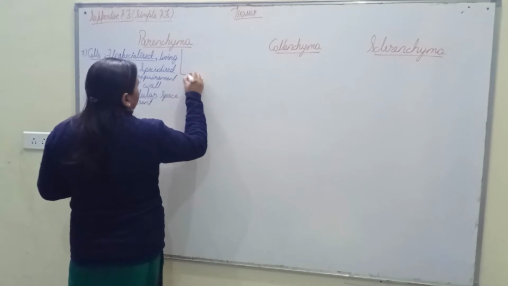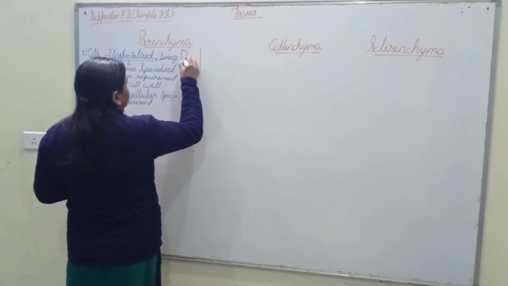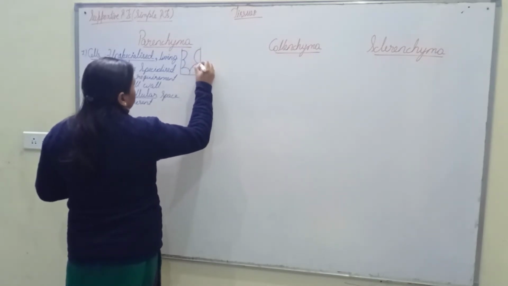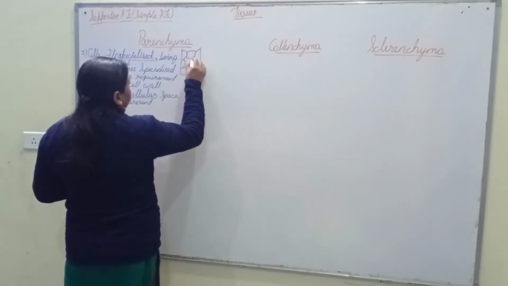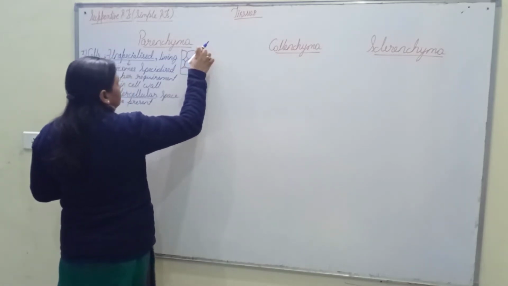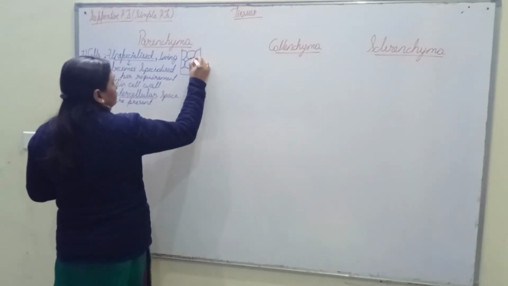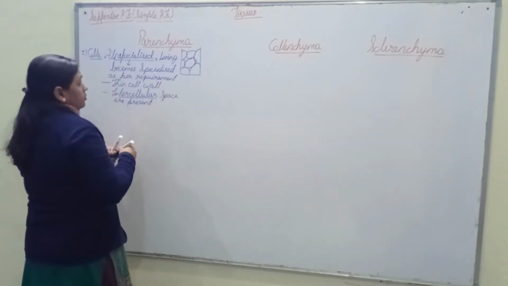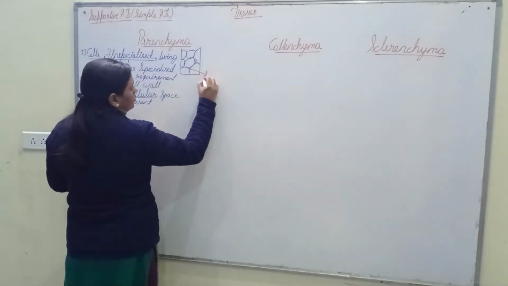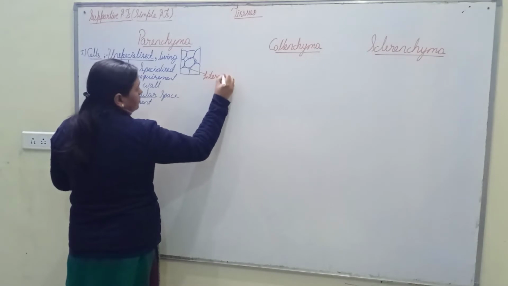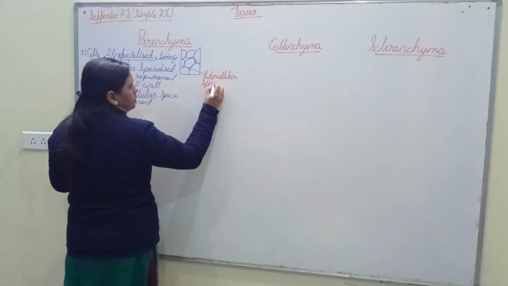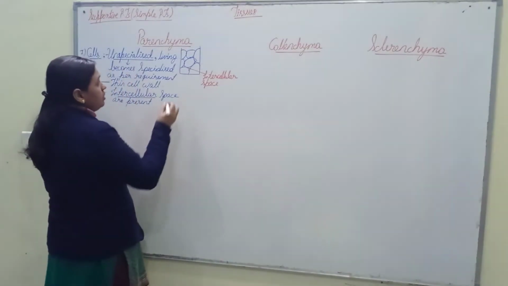If we make the diagram of parenchyma, cells are loosely arranged. Cells of parenchyma are loosely arranged with thin cell wall. So these are the intercellular spaces found in between the cells of parenchyma.